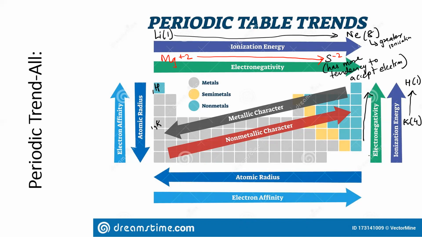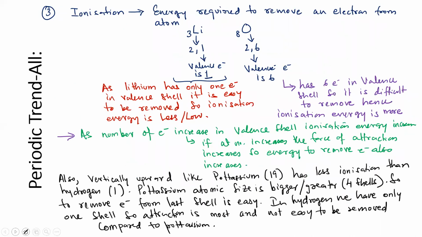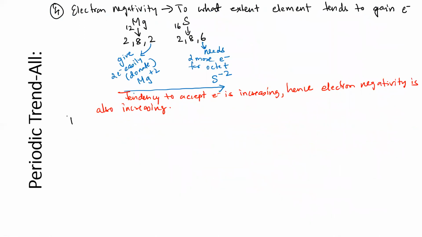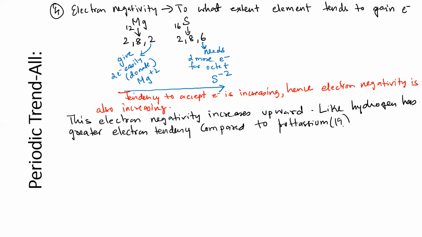Why does electronegativity increase upward? Electronegativity increases upward, like hydrogen has greater electron tendency compared to, let's say, potassium, which is 19, right?